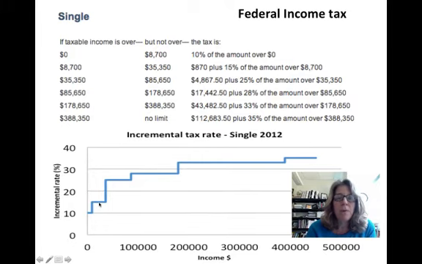And then you can see it jumps up to 25, and then to 28, 33, and 35. So at the highest level, if your income is over $388,000, you're going to be paying on the incremental income, not on the whole amount, just the amount over. See, you pay some base amount, which is based on all these previous increments, and then anything over $388,000, you pay 35%, and that's how the income tax works.